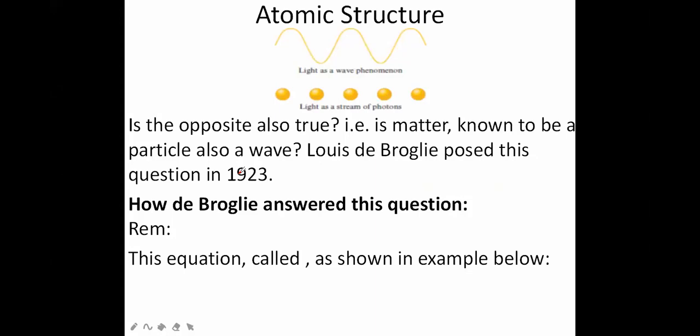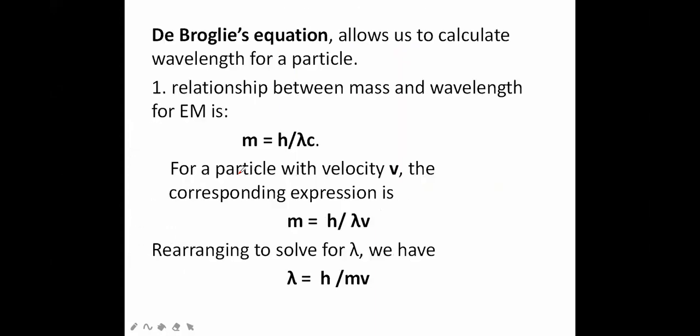The de Broglie equation allows us to calculate the wavelength for a particle. So he has allowed us to unite waves and particles. From our previous slides, where we simplified Einstein's formula and added the mass, we said that m is equal to Planck's constant divided by wavelength times speed of light.